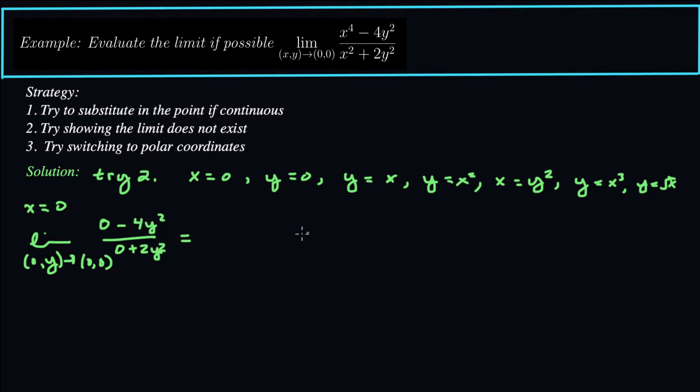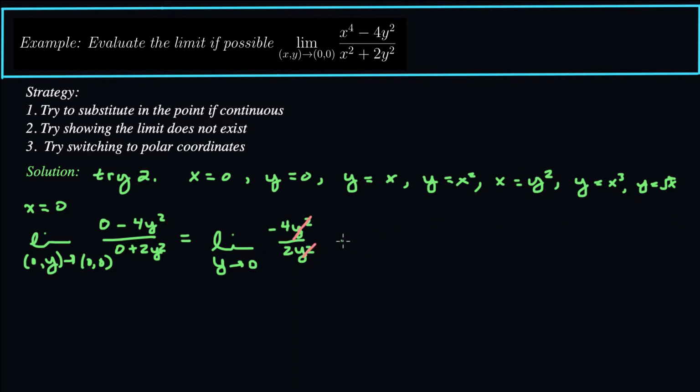This is really just the limit as y goes to 0 of negative 4y squared over 2y squared. Now we can actually reduce this because y is not 0. It's approaching 0, but it's not 0, so we can cancel these two y squared terms here.